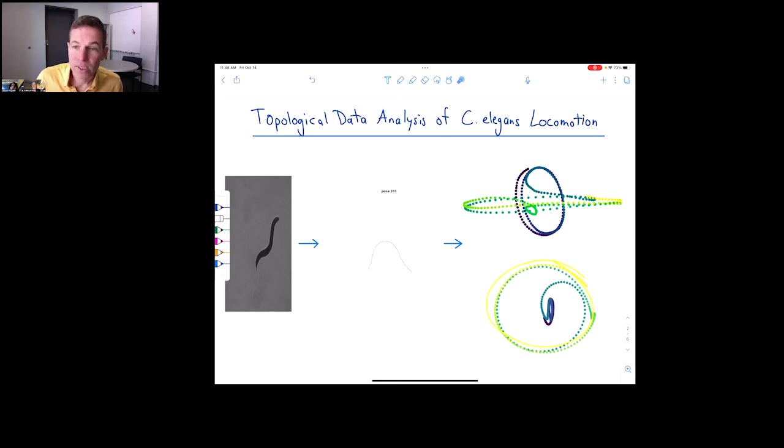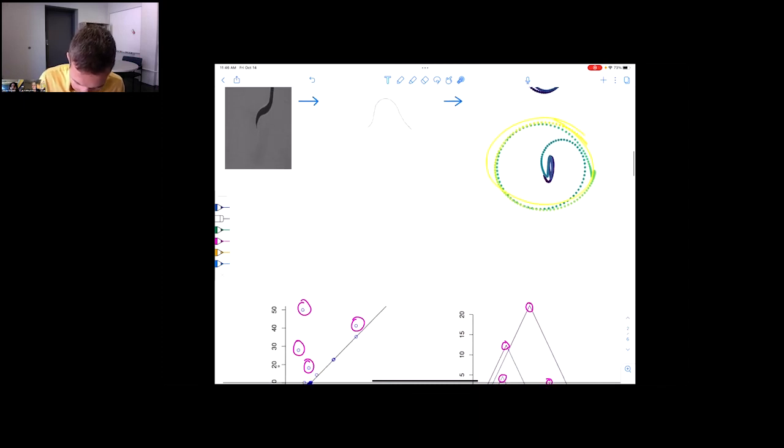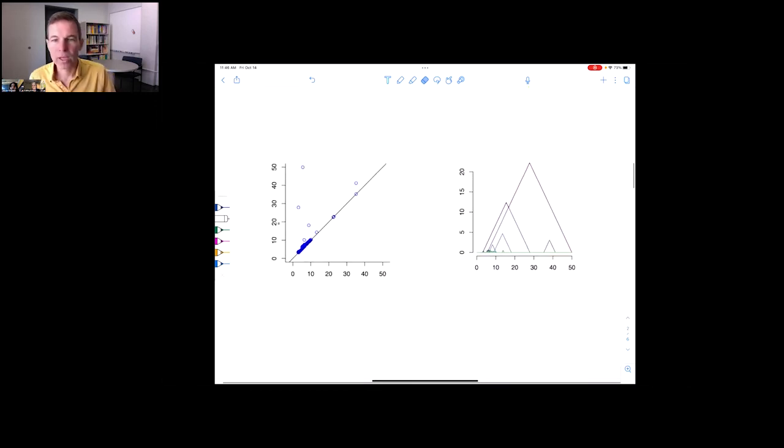All right, so let's take persistent homology of this high dimensional point cloud. We get the persistence diagram on the left here and its corresponding persistence landscape.